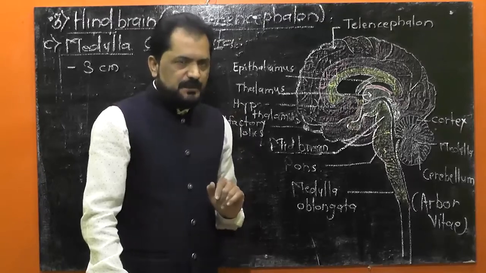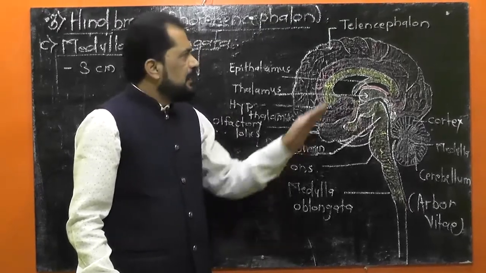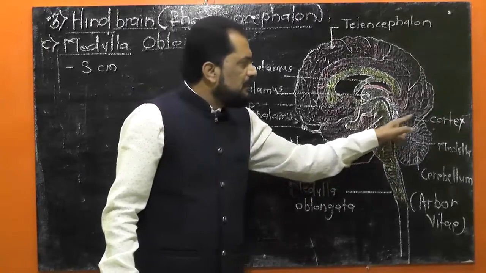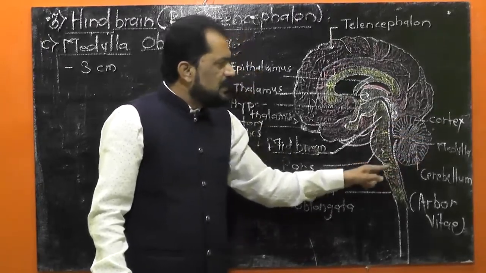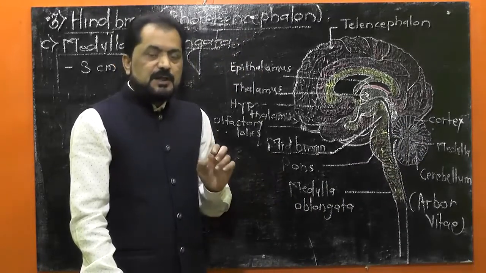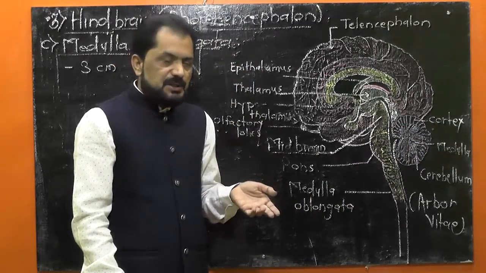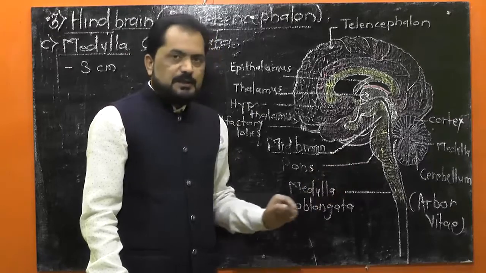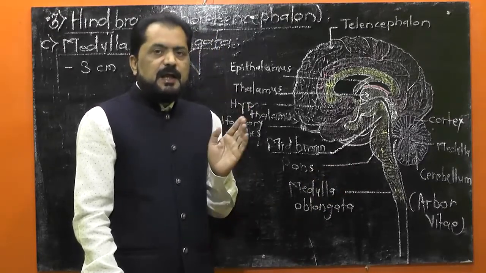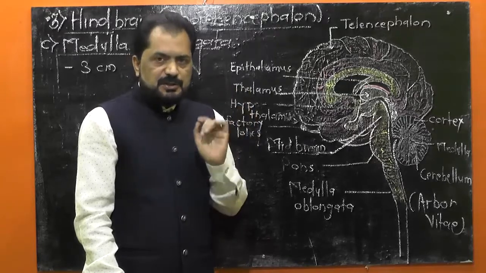Please try to understand. We have studied in cerebrum as well as in cerebellum, the gray matter is present peripherally and white matter is present internally. But here exact reverse condition is seen. In medulla oblongata, the white matter is present peripherally and gray matter internally.